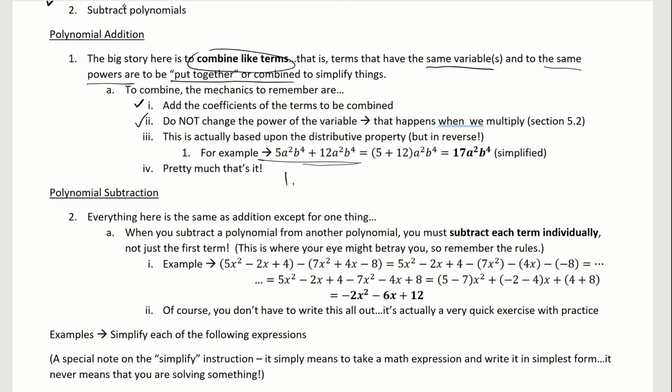These guys are like terms. They're the same. But the distributive property says I can actually look at this in a different way, as if someone took a squared b to the fourth and distributed. So you can take it out, you can add the coefficients and get your answer, and that's simplified. You get 17. When you're doing the math, it's pretty quick.